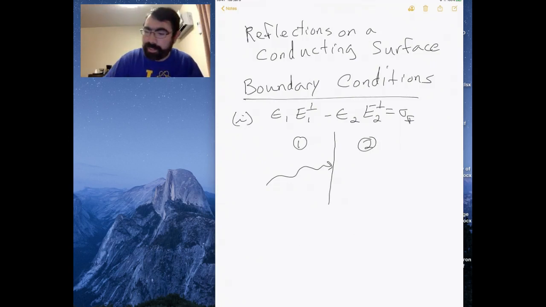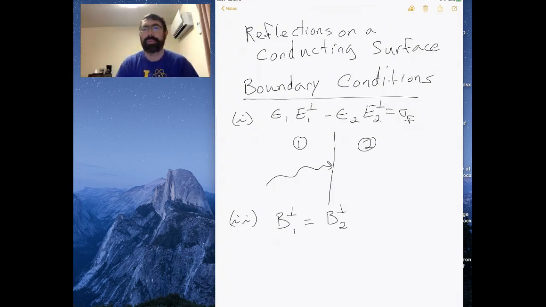The second boundary condition is the perpendicular component of the magnetic field, and in that case, they're basically the same on both sides of the interface.